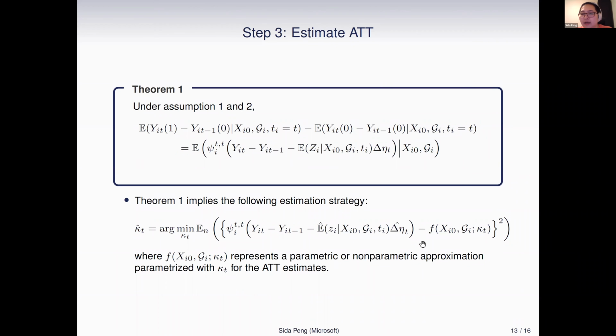This function xi_0 g_i kappa_t, where kappa_t is just a parameterization of the function. If you think of it as a constant, fixed parameter, it just gives you the ATT estimate. But you could also estimate heterogeneous effects if you have pretreatment covariates.